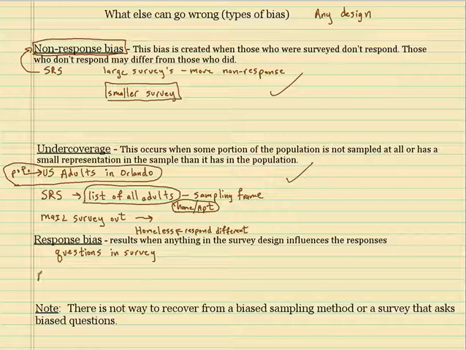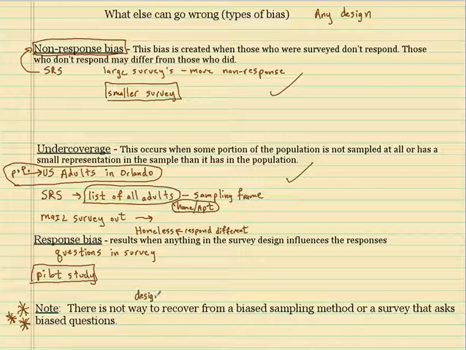Sometimes you want to do a pilot study to get a feel for what everybody's saying, and then reword your questions, making sure they're not favoring one answer or another. And really important, it's always very good to design ahead.